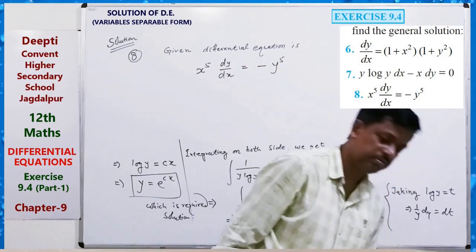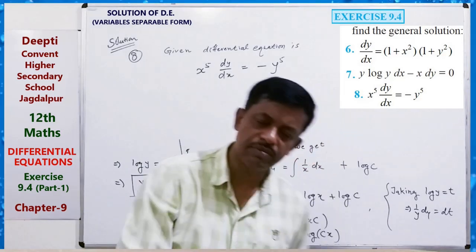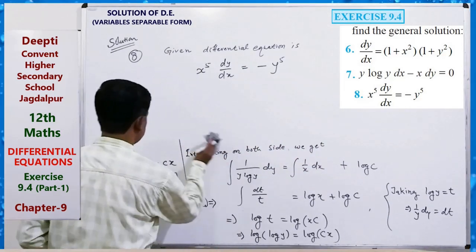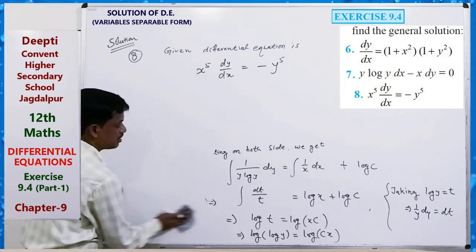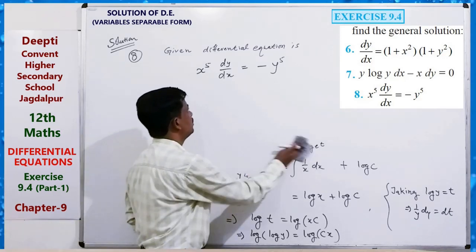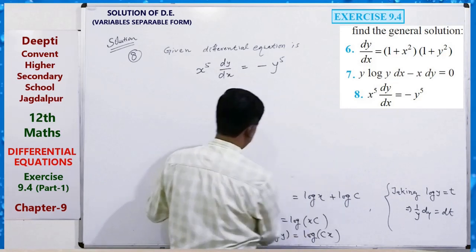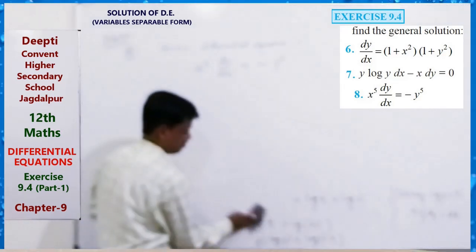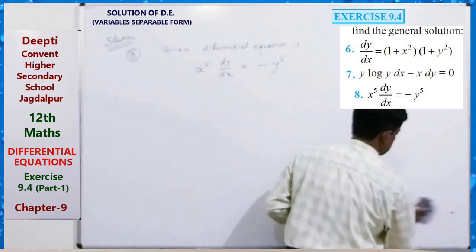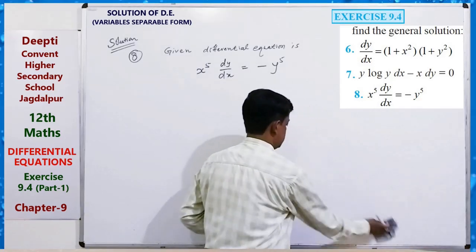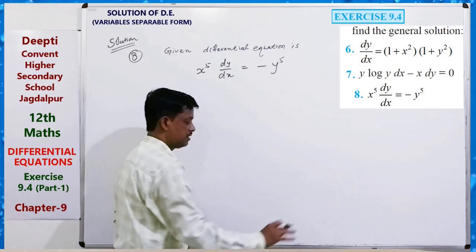So dy by dx equals minus y to the power 5 upon x to the power 5. This differential equation is also in separable form, because x to the power 5 and y to the power 5 are separated. So we can take y to the power 5 with dy and x to the power 5 with dx. Just separate it and integrate.